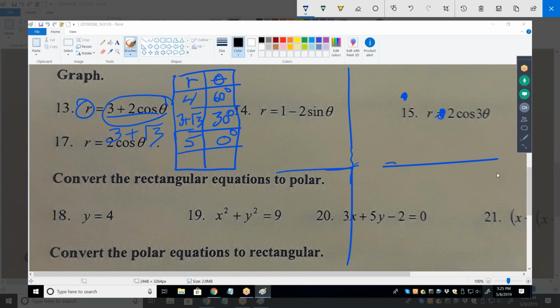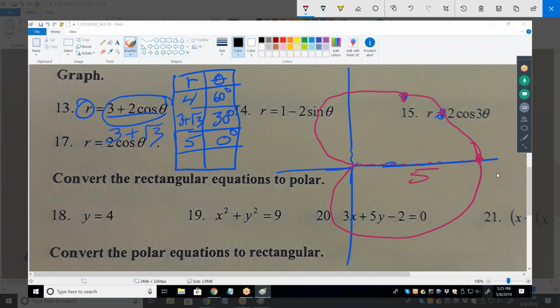Well, 0 is this line right here, and I'm going to go out to 5. So this distance is 5. So now I've got this point, and this point. If I figured out a bunch of other points, I think it's going to give me something that looks like this.